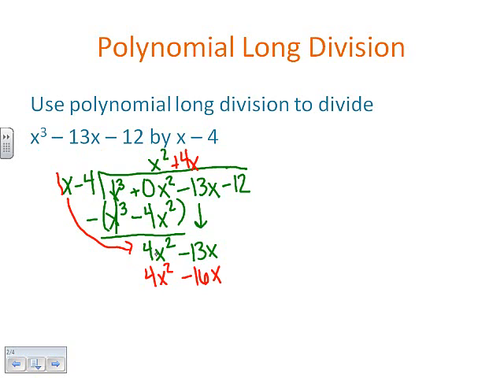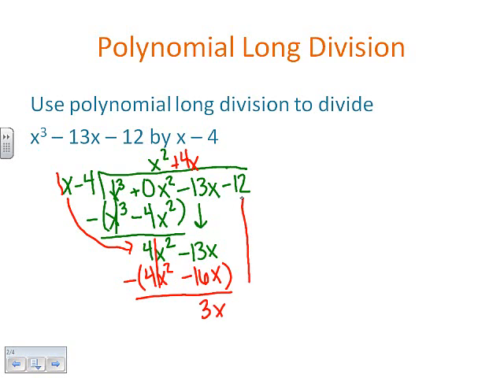Once again, our first terms are the same after multiplying. So then when we subtract them, that first term will cancel out. Then we do negative 13 minus negative 16. Minus a negative 16 is going to make it plus a positive. So we're really doing 16 minus 13x, which makes 3x.